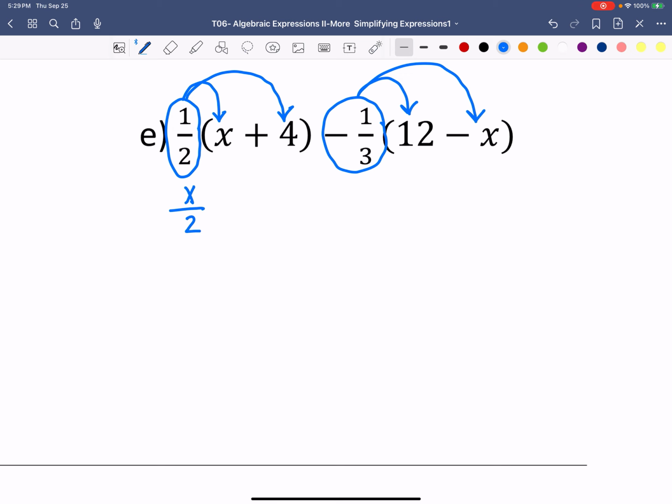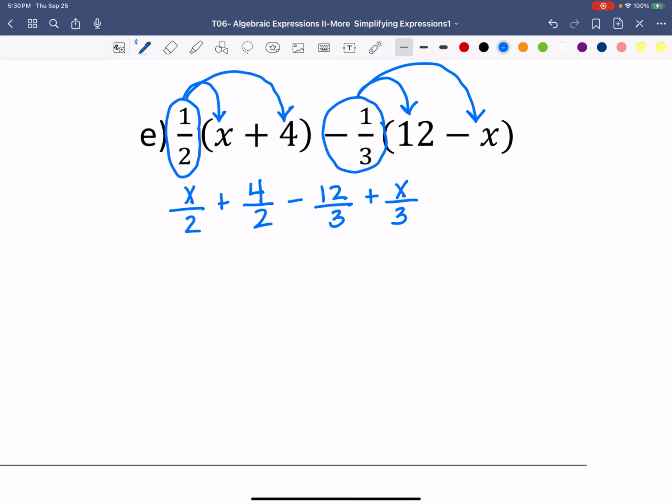Now, 1/2 times 4 is the same as 4 over 2. Negative 1/3 times 12 is the same as negative 12 over 3. And then negative 1/3 times negative x, 2 negatives make a positive, is the same as x over 3.